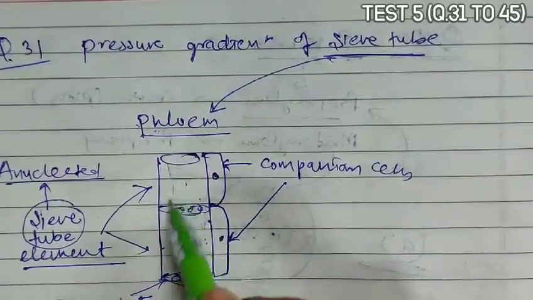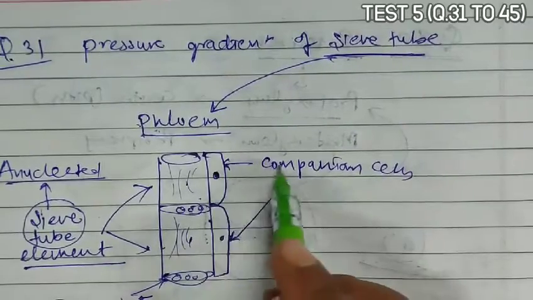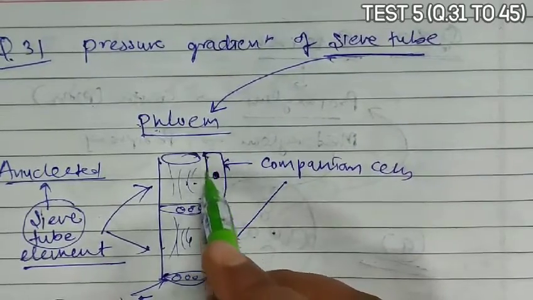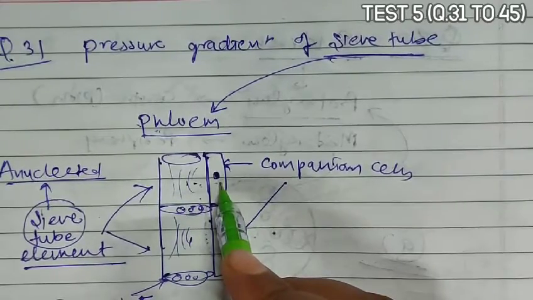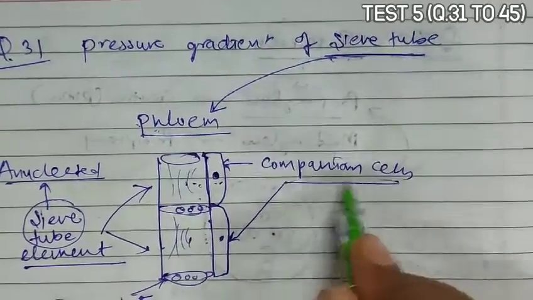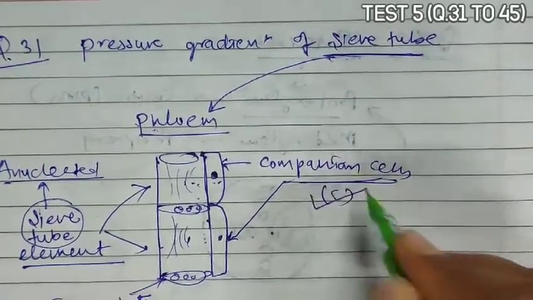So the pressure flow of this sieve tube is maintained by the nucleus of the companion cell through the pits which are present between the common walls. So companion cells, that is option C, become the correct answer.